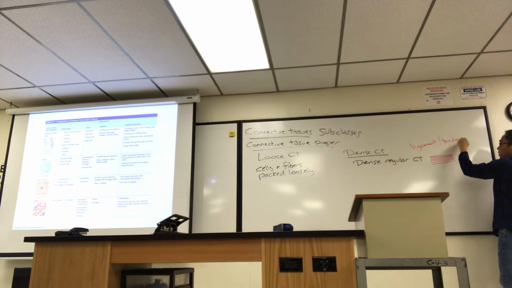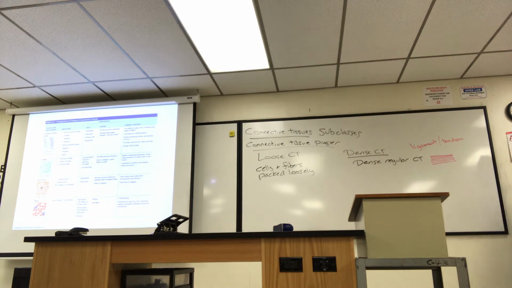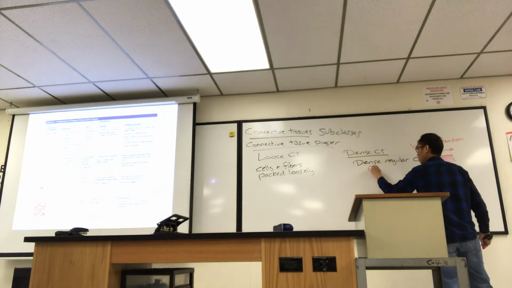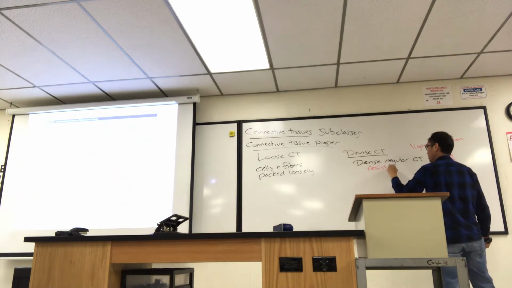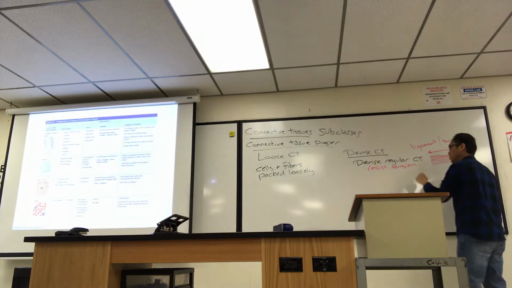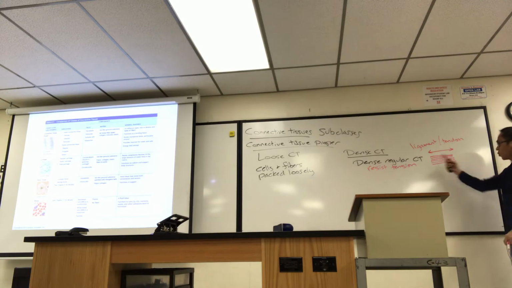Those are good examples of this connective tissue. A ligament will connect a bone to a bone, and a tendon will connect muscle to bone. And they can resist tensile forces, or tension. Tension is a pulling force. So if you pull in this direction, you can resist that.